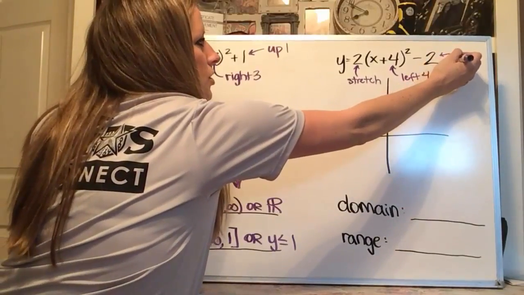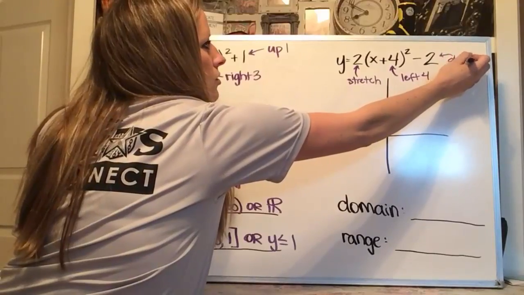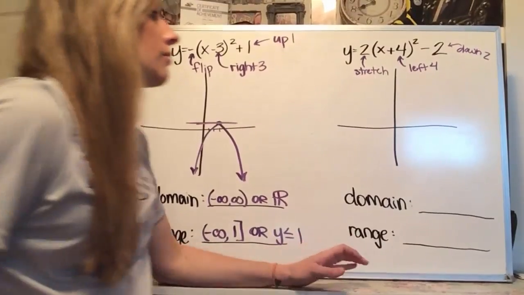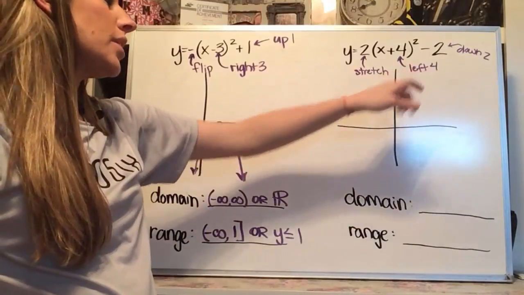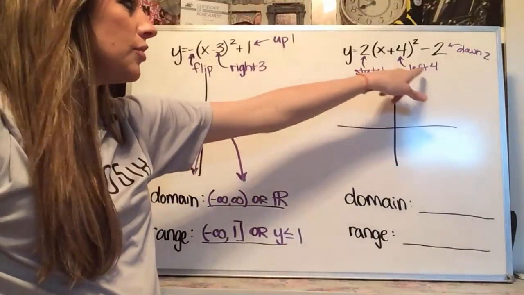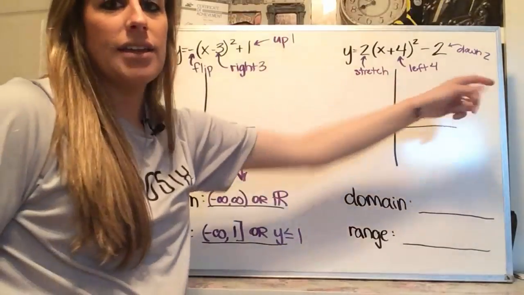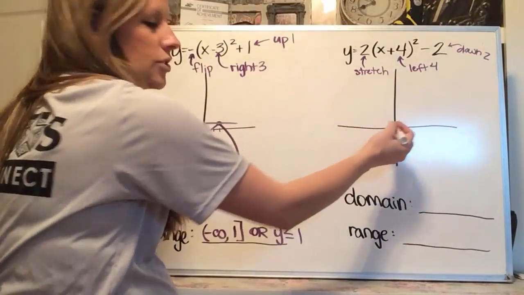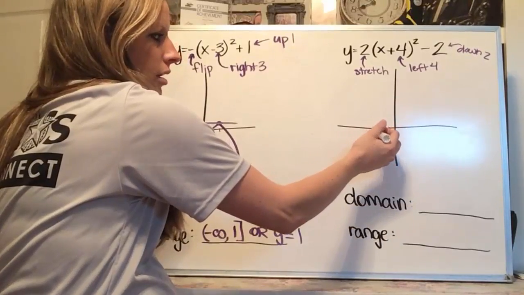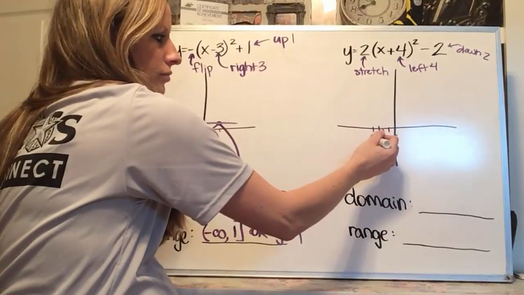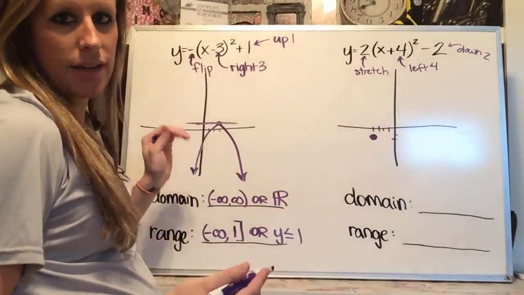And the minus 2 will move it down 2. Okay, so the way we're going to graph it is we're going to take that vertex, we're going to move it to the left 4 and down 2. So it's normally at the origin, we're going to go to the left 4 and down 2. Okay, so that's my new vertex.